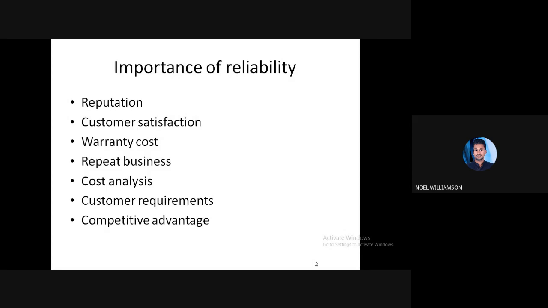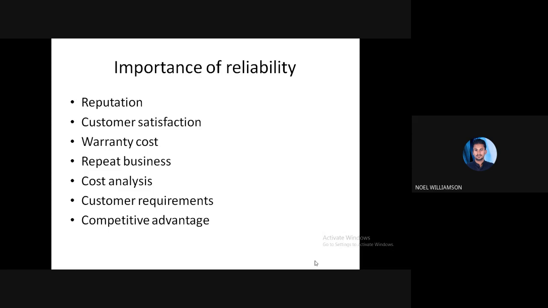So based on the reliability study, we can say that ultimately the cost will be less compared to the other alternatives. Such a cost analysis can be done based on the reliability data. That is the cost analysis.